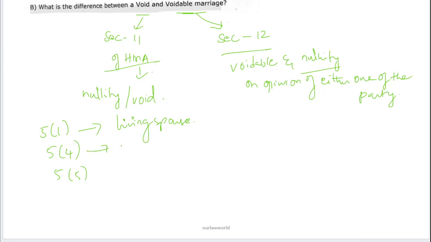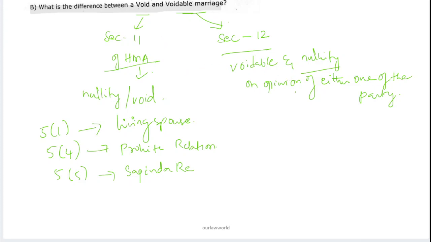The second is that a marriage is treated as void if it is between prohibited relationships, and if the marriage is between Sapinda relationships, then also it comes under void marriages.